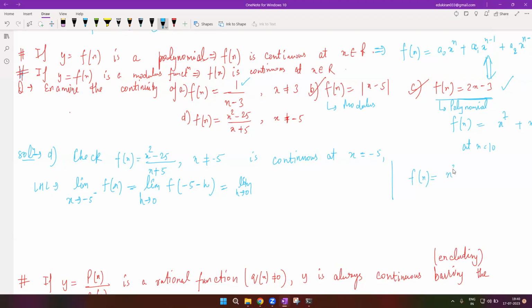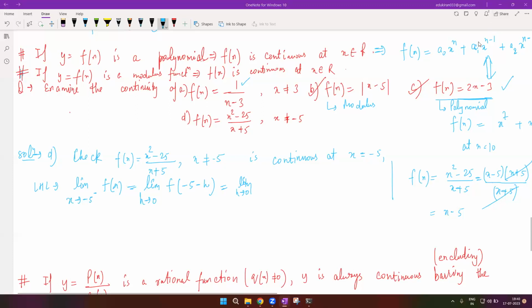Can I factorize the numerator part and write it as x minus 5 into x plus 5, a square minus b square? Yes, sir. And then I can cancel out x plus 5 from the numerator and denominator. So this function is basically x minus 5, right? Do you agree with this?